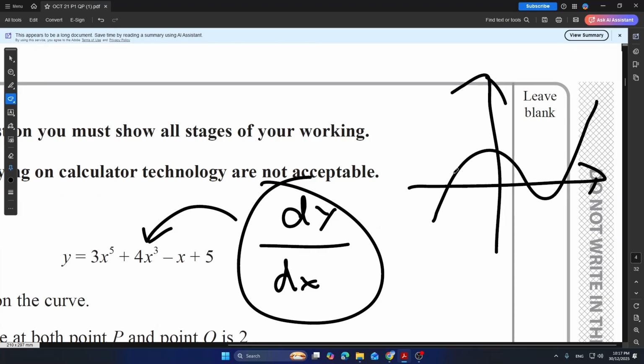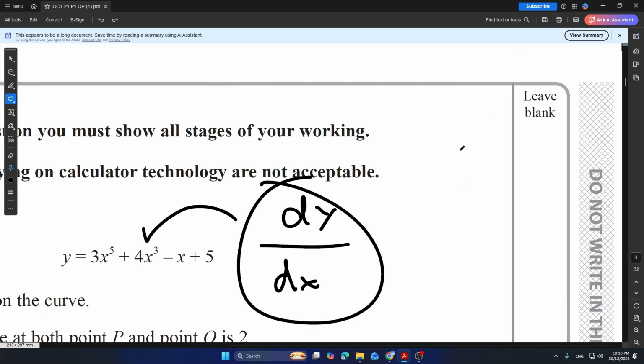A curve is not like a straight line. Let's compare: what's the difference between a curve and a straight line? You can see that on a curve, at this point, for example, and at this point, the gradient is not the same. There are different gradients. But on a straight line, the gradient is always the same. On a curve, the gradient is changing.